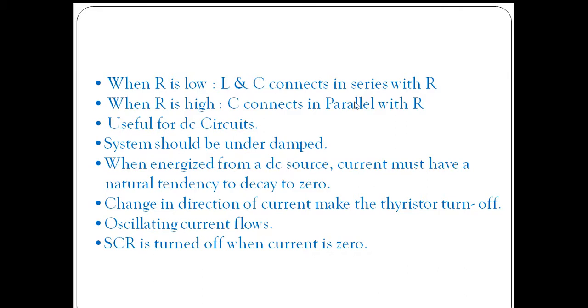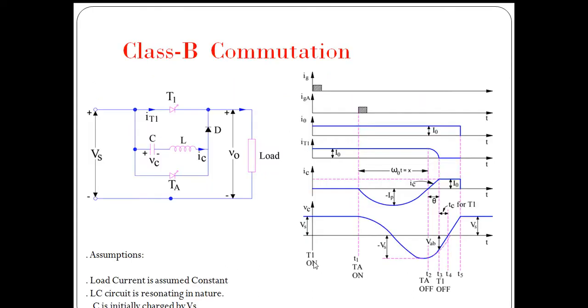So when we energize from a DC source, the current naturally decays to zero, as it is an underdamped system. The change in direction of current turns the SCR off. Oscillating current flows, so the current has to pass through zero, and the current becomes zero after the SCR is turned on.